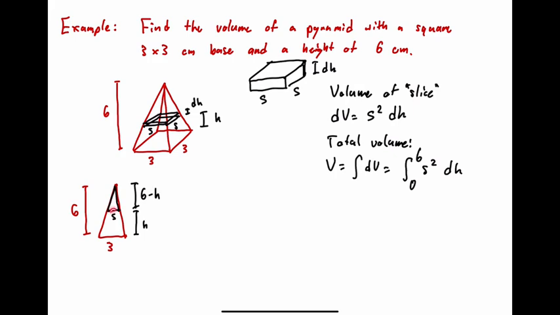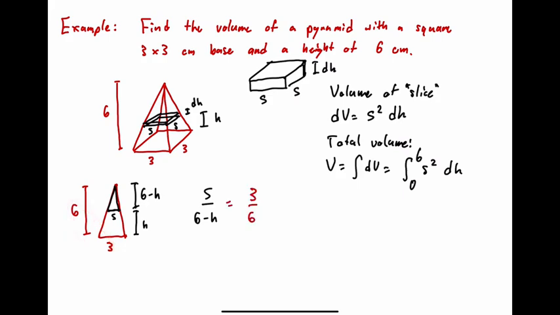If I take the ratio of base to height of the small triangle, that's the same as the ratio of base to height of the big triangle. In other words, s divided by 6 minus h, those are the ratios from the small triangle. Those equal the ratios from the big triangle, 3 divided by 6.